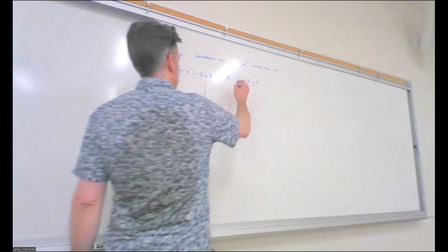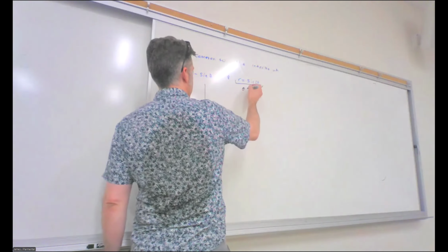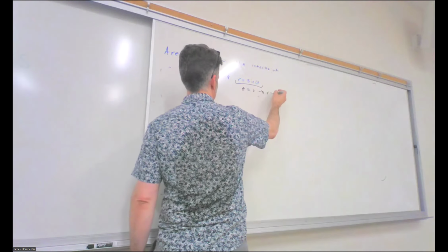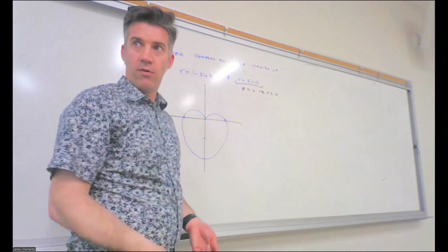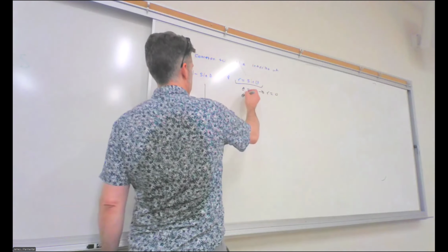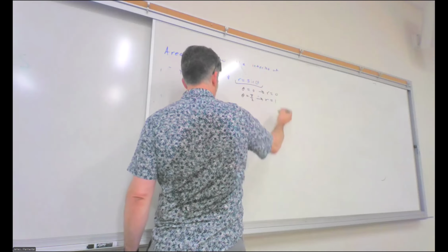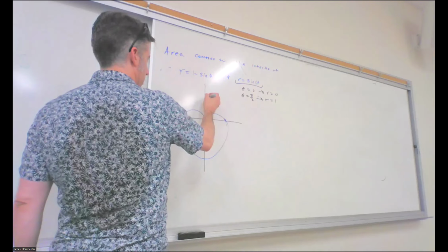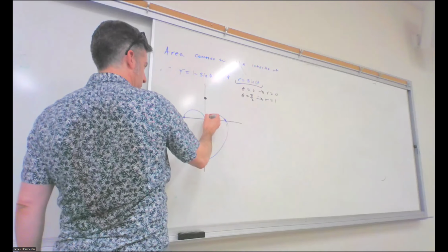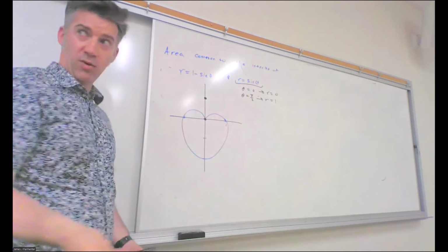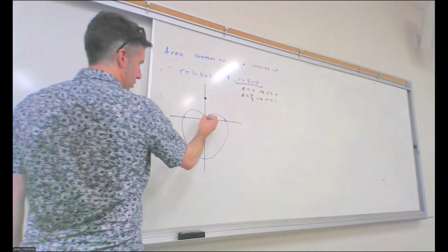For this one, if I set theta equal to 0, I get r equal to 0, not particularly helpful. I set theta equal to pi over 2, I get r equal to sine pi over 2, which is 1. So that's the point up here. This point and this point are the endpoints of the diameter of my circle. So here's my circle.